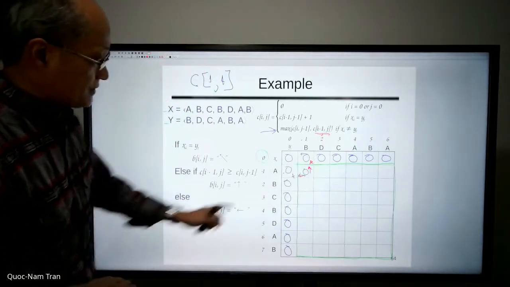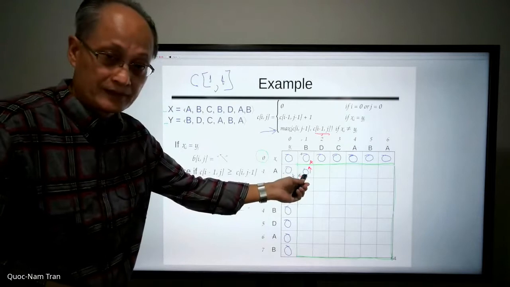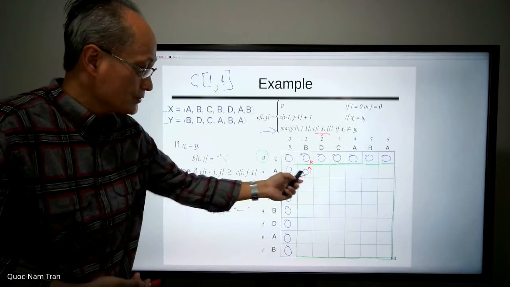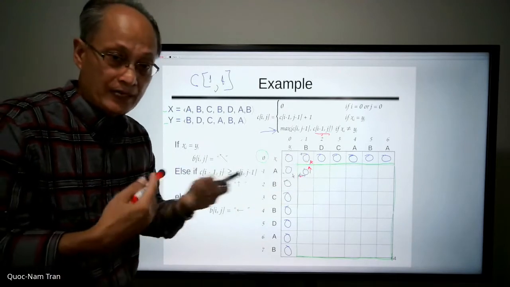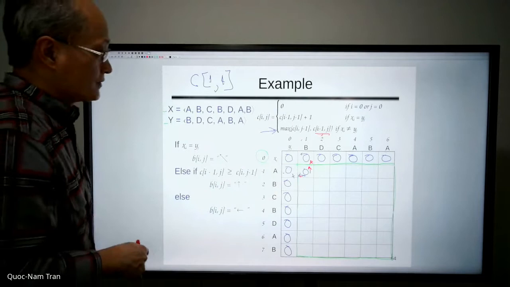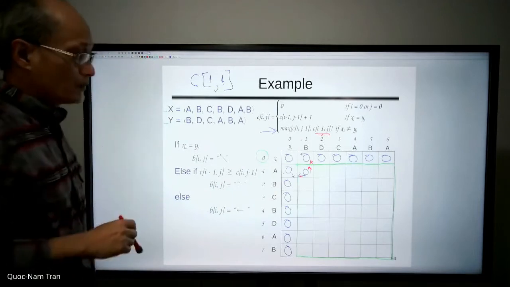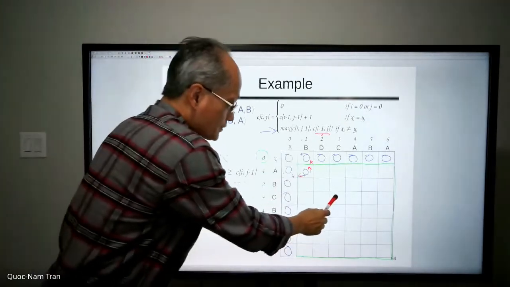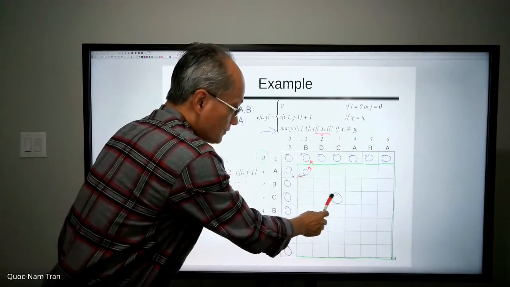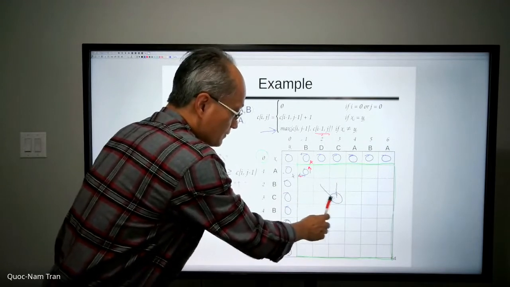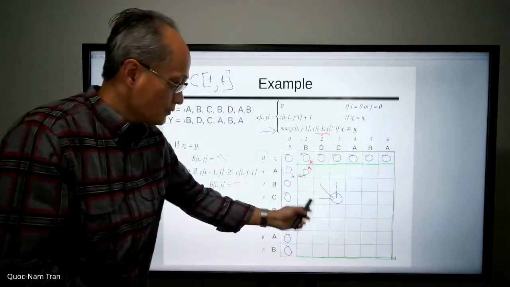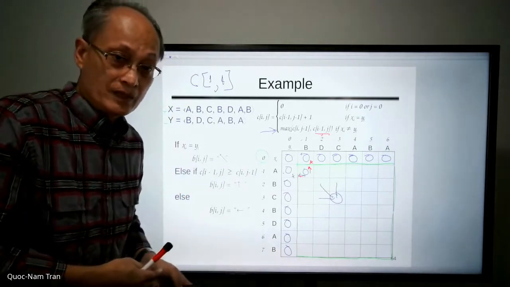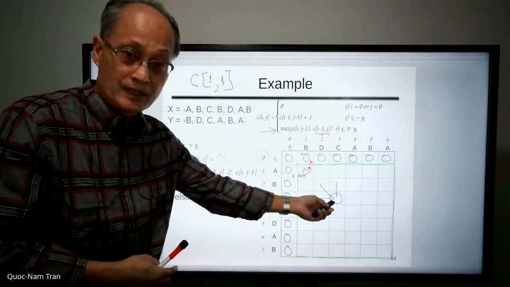Okay, so that is the first element we want to fill out, right? And remember that in order to calculate this one, we simply reuse the values before. We don't have to recalculate anything, right? So now what would be the next value we should calculate? Remember that for any value here, we just need to look at this, and this, so 3 cells. The 3 neighbors will be used for the calculation of the value here.